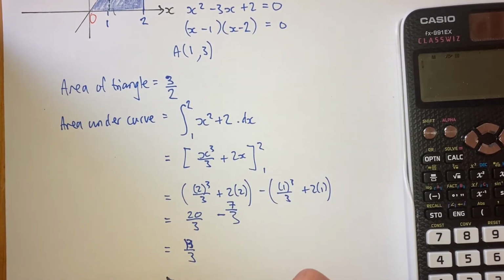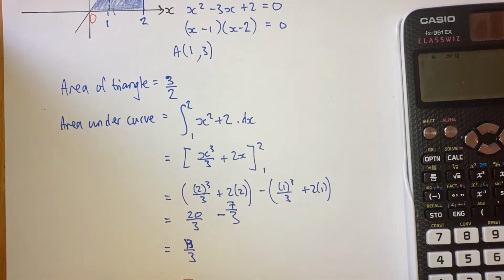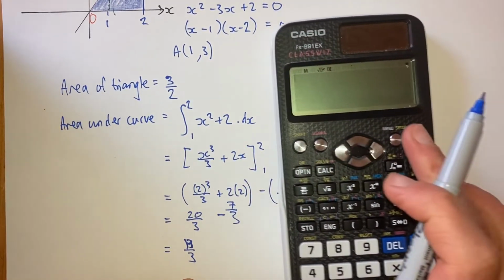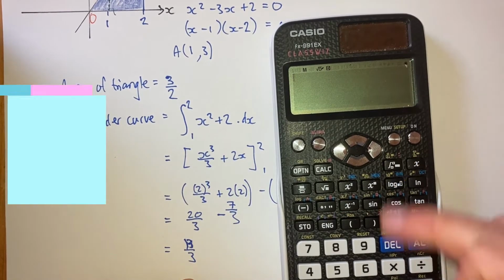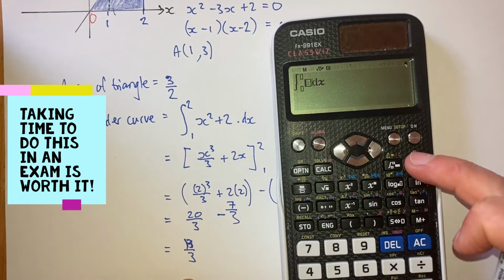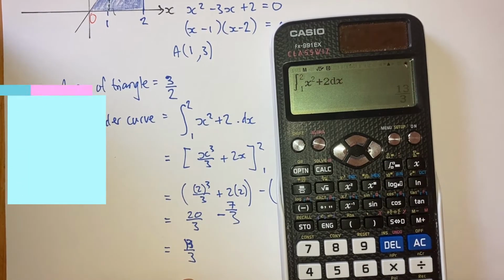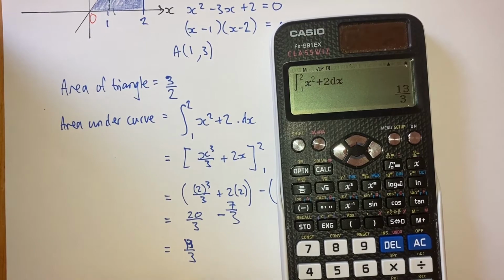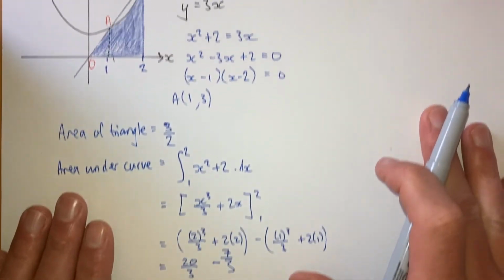So here I have the answer for the area under the curve is 13/3. I need to add that to the area of the triangle to get the shaded area. But before I do that, I can check my answer to the integral by typing in the calculator using this button here. So I've got x squared plus 2, and I'm going from 1 to 2, and it shows me the answer is 13/3. So I'm happy with that answer. Let's go back to this area.